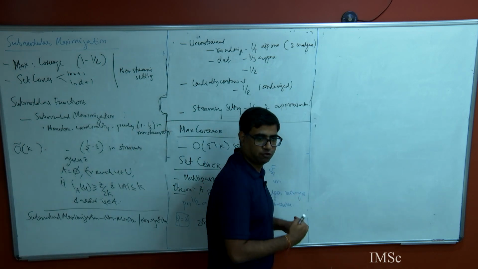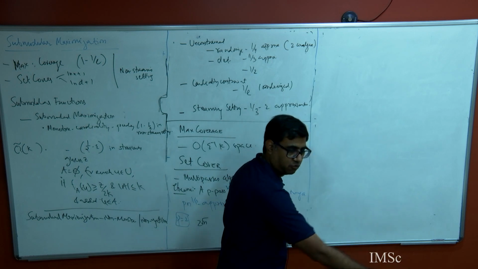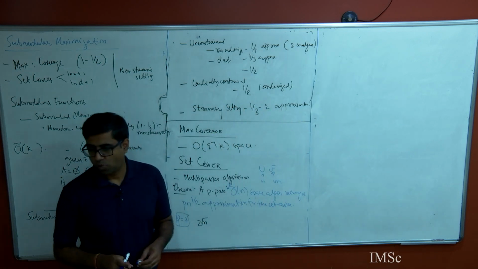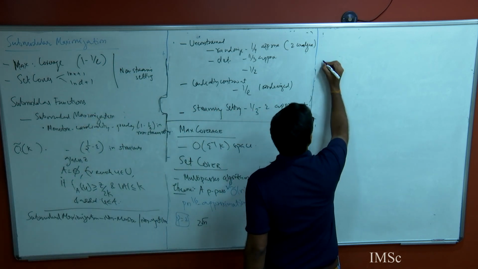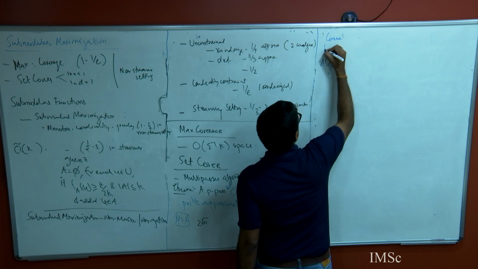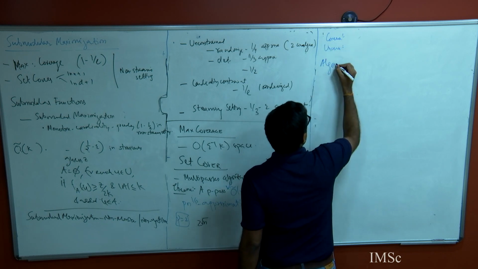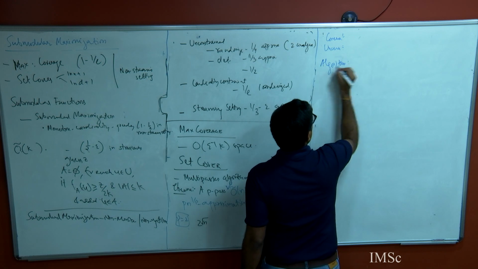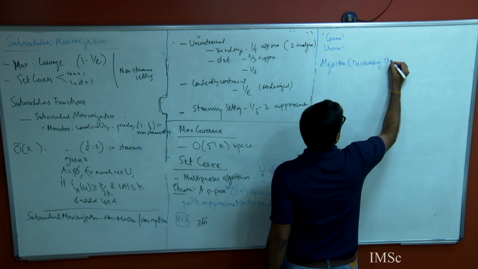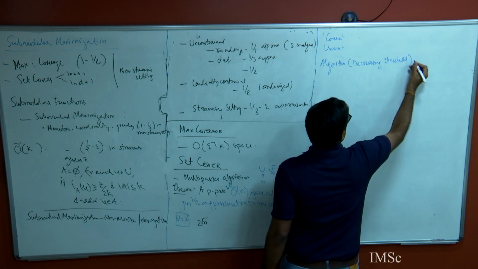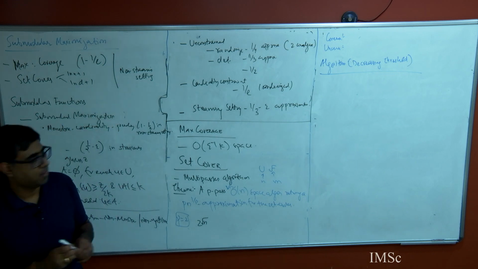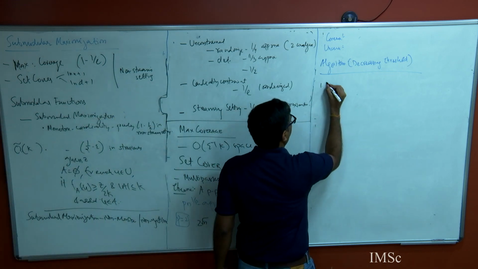First you take root n elements, then n to the 1/4 elements, n to the 1/8, and so on. This is our algorithm, which is very simple. It is just a one-line algorithm.